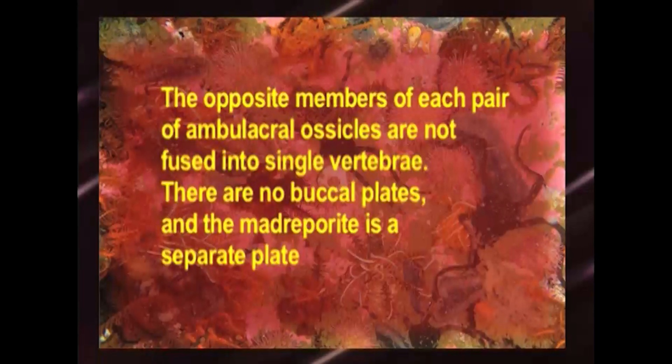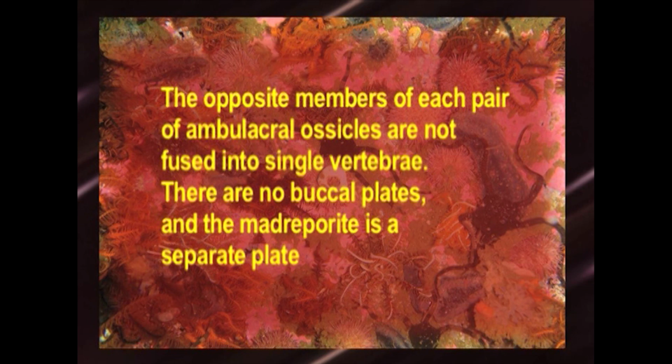The Paleozoic Ophiuroidea differ from recent forms in several respects. All the best known forms are devoid of ventral plates covering the groove. The radial water vessels are protected by outgrowths of the ambulacral ossicles which form a closed canal. The opposite members of each pair of ambulacral ossicles are not fused into single vertebrae.